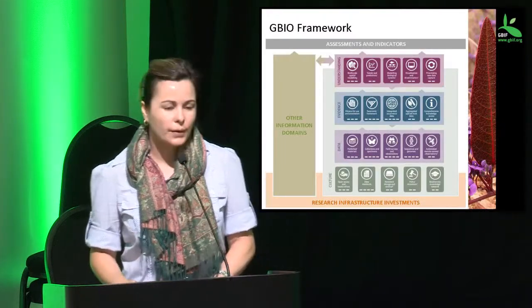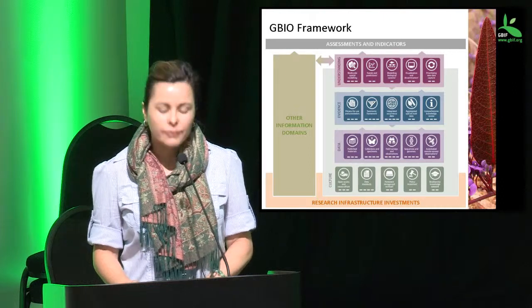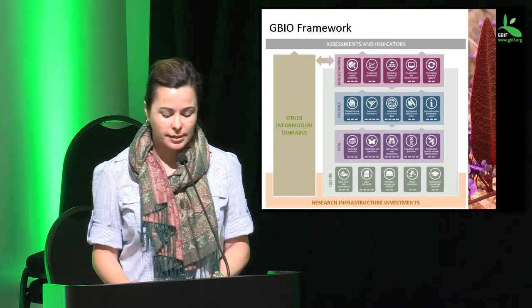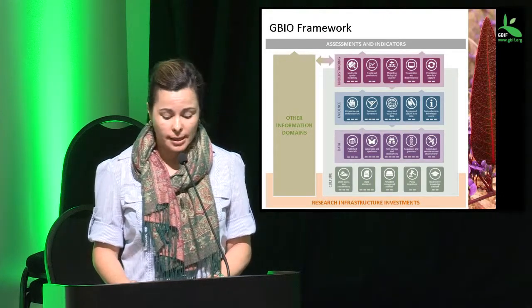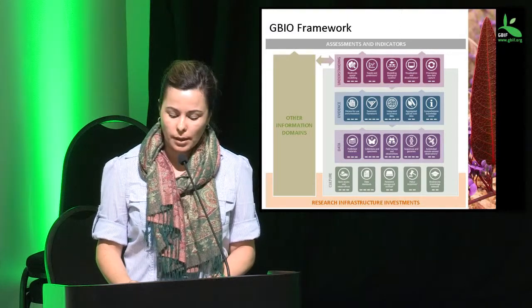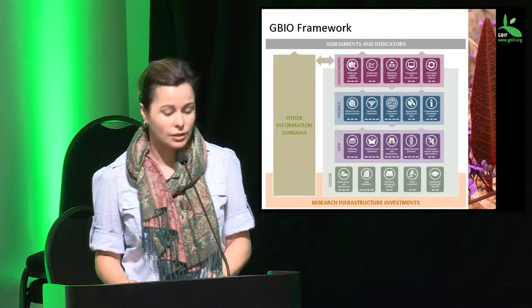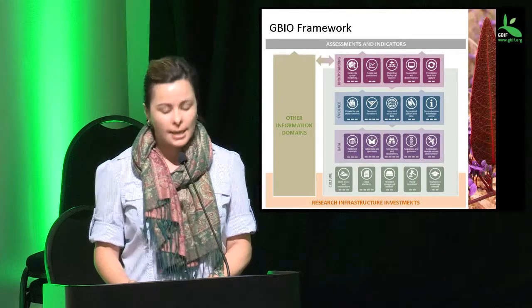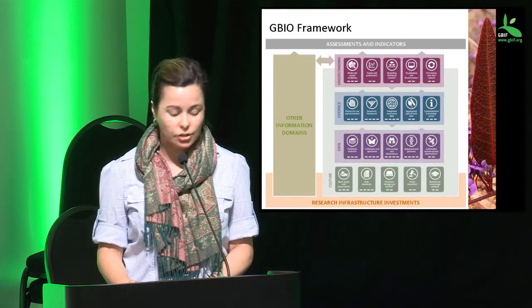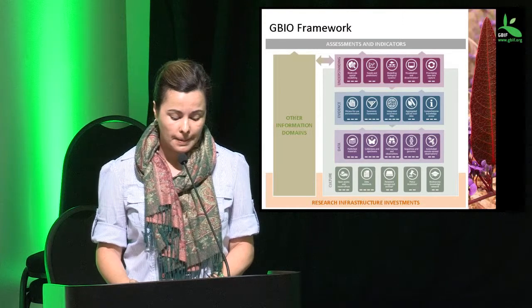So the GBio framework came about because after the failure to meet the 2010 biodiversity target, governments agreed that there was a need to adhere to an ambitious 2011 to 2020 strategic plan for biodiversity, including the new and more detailed Aichi biodiversity targets.